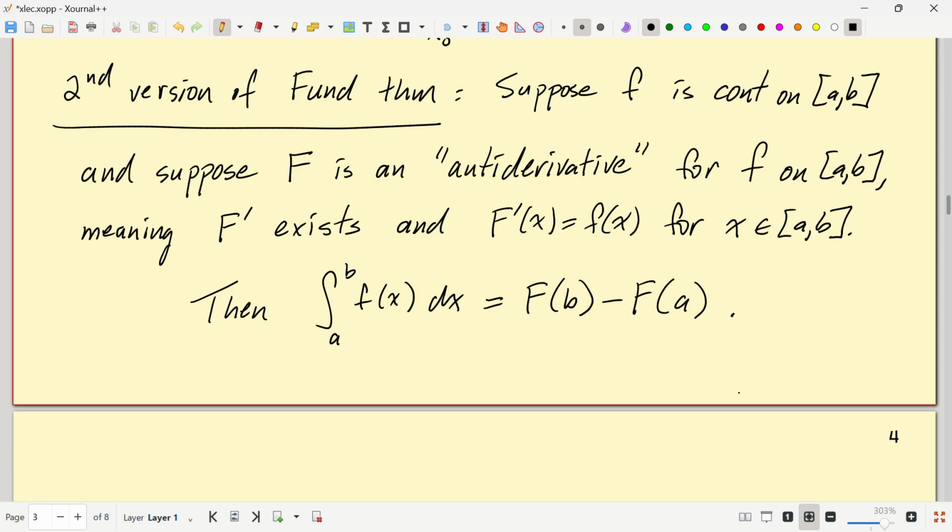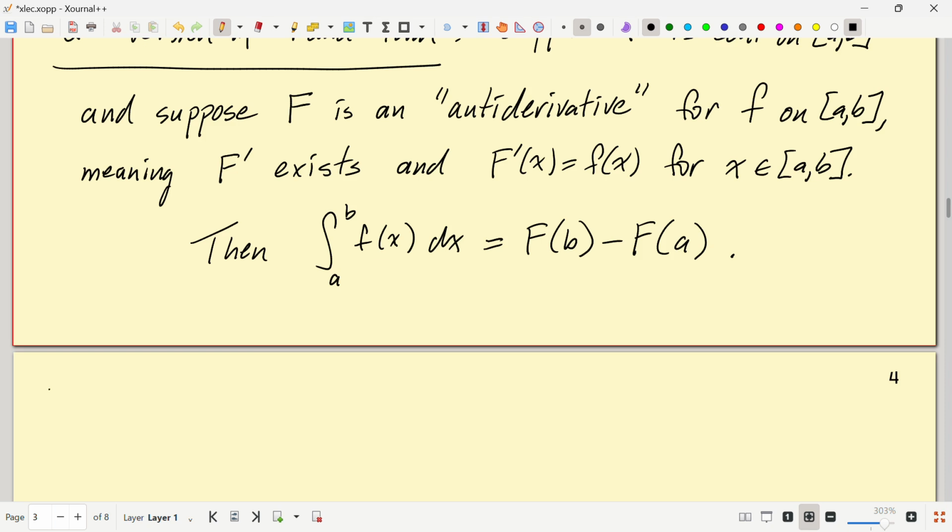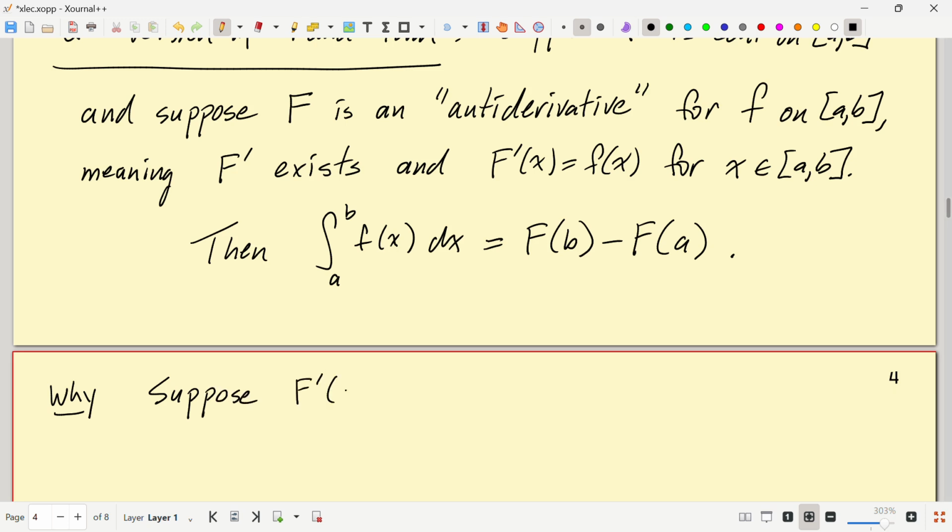Questions about anything? Let's see why it follows from the previous one in two seconds. So the why is, let's suppose we have an antiderivative. So let's suppose F prime of x is equal to little f.